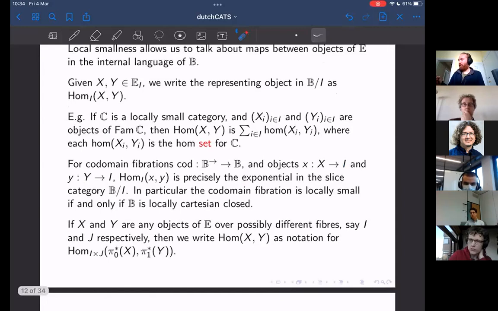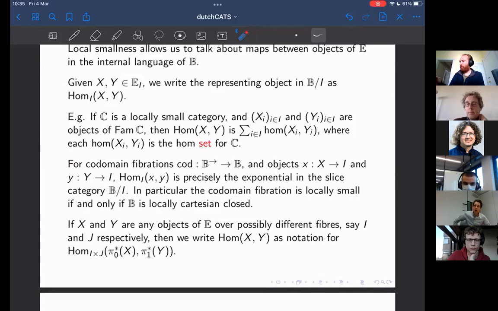There's a bit of notation here. I write the representing object as hom_I(x, y). Something interesting about local smallness is that it can look very different depending on which particular Grothendieck fibration we are working over. For set indexed family fibrations, it is just the coproduct of hom sets.